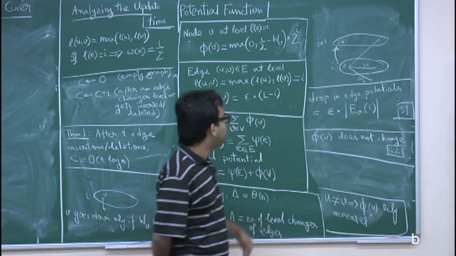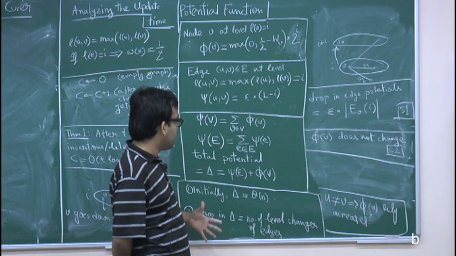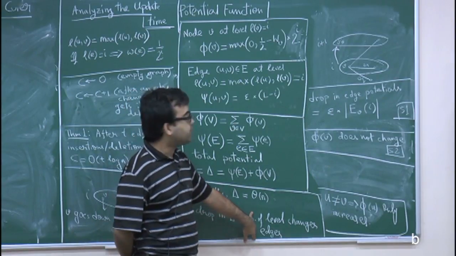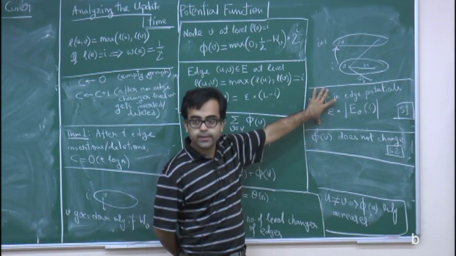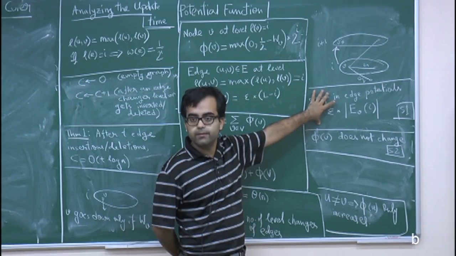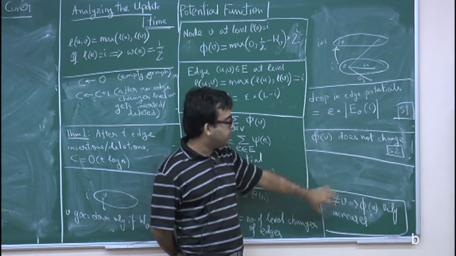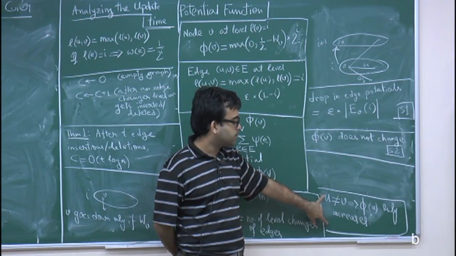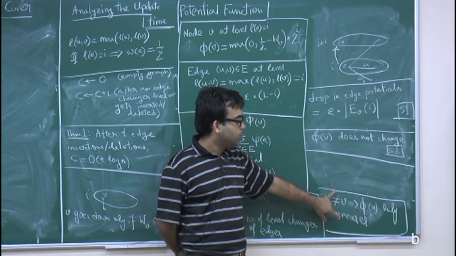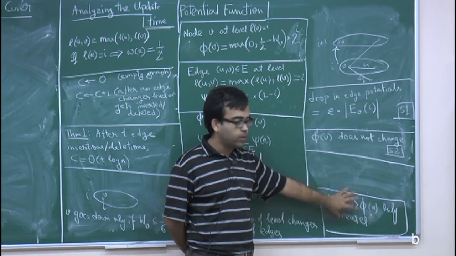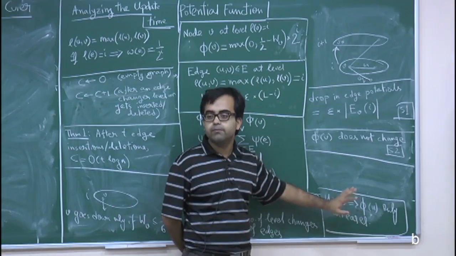What do we want to show? We want to show that the drop in the total potential is at least the number of level changes. We have shown that the drop in the edge potentials is already at least the number of level changes, right. So, if we could show that the drop in the node potentials on the other edge of the other nodes is non-negative, then we would have been done.